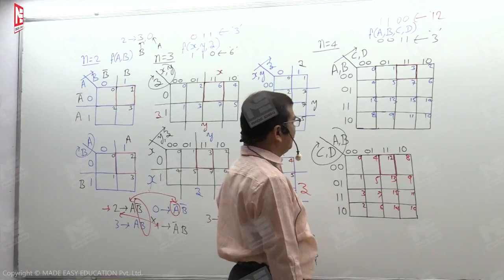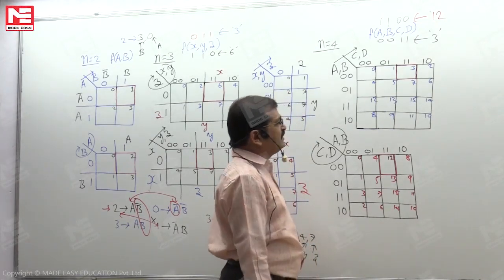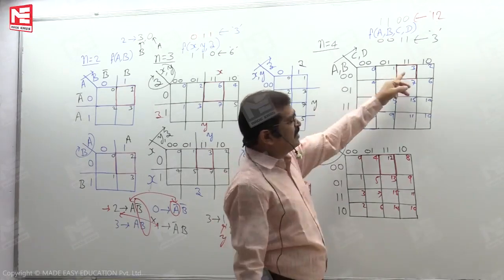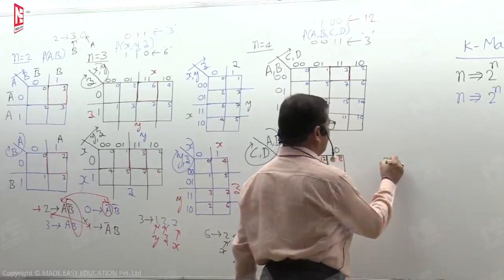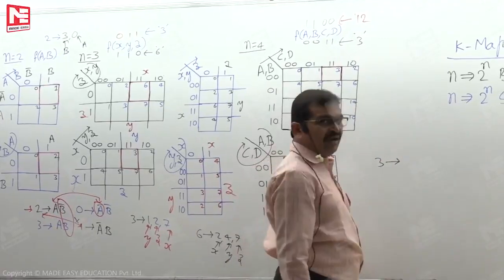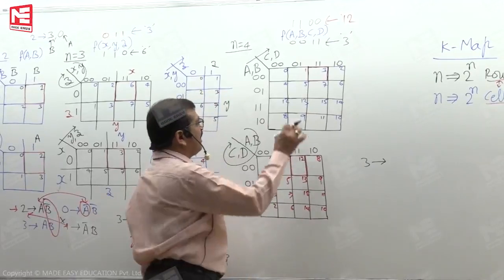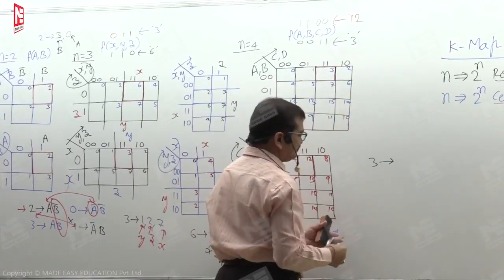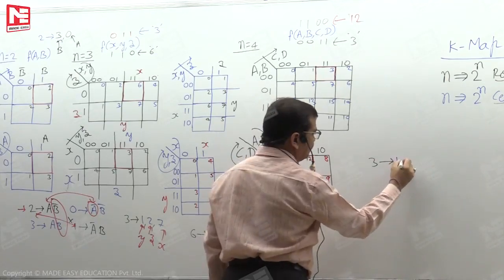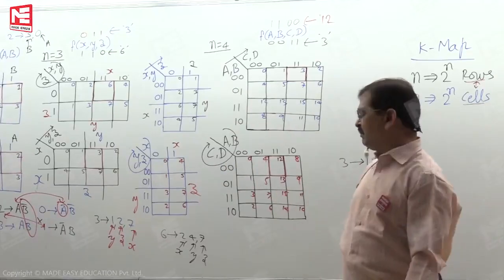Say for example, we are interested in the adjacent cells of cell 3. For cell 3, you have to look at the common lines. For cell 3, we have a common line directly with 1, 2 and 7, which we are able to say with direct observation.